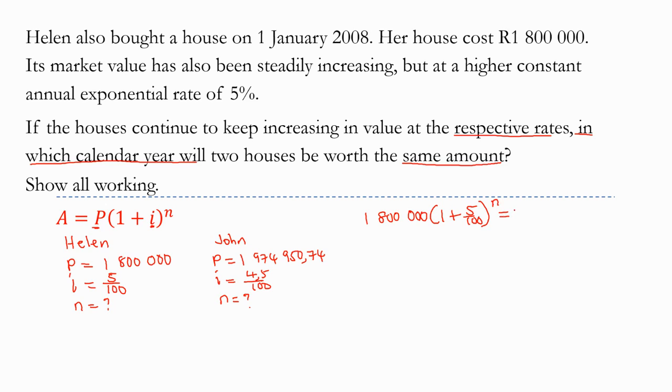So it's going to be 1,974,950 rand 74, and then 1 plus 4.5% to the power n. Right, you see that? So now we have to solve for n. We have created our equation here.